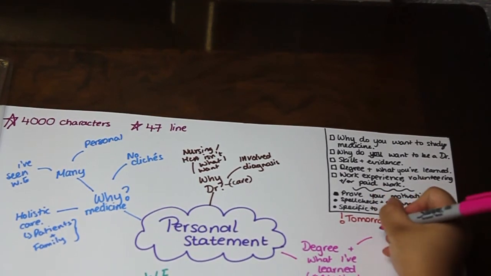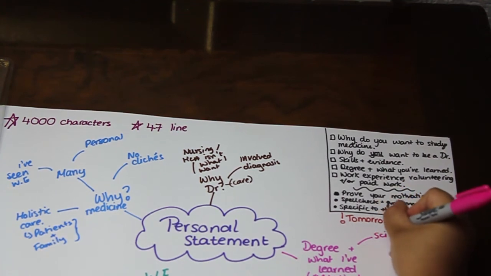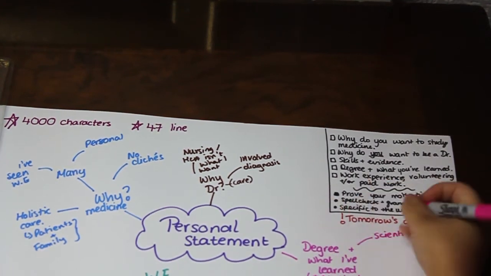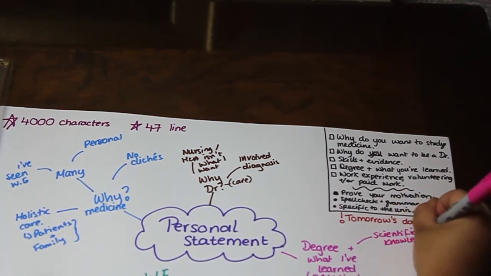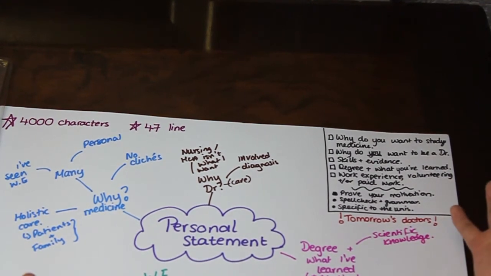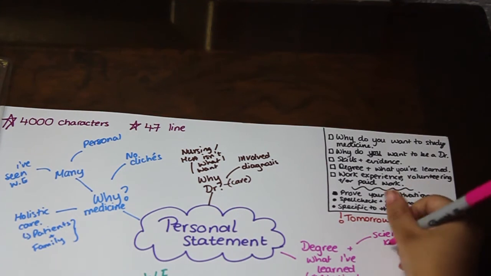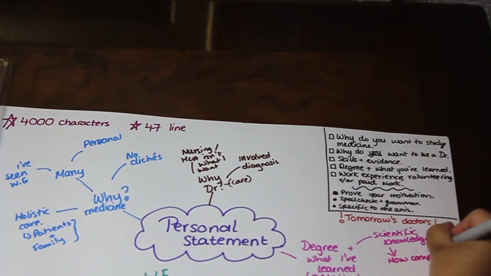Obviously, I have learned a lot in terms of scientific knowledge, especially given that I've done a medical science degree. And that's really important. They're going to want to know what you've learned, especially if it's relevant to medicine, which science is. But linked to that, I've learnt how complex medicine is.